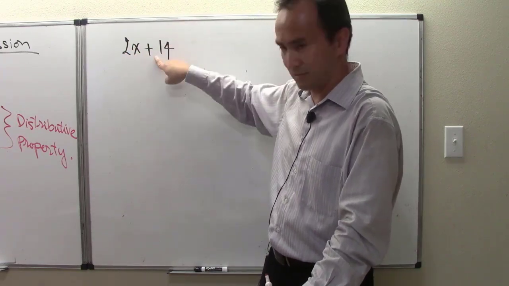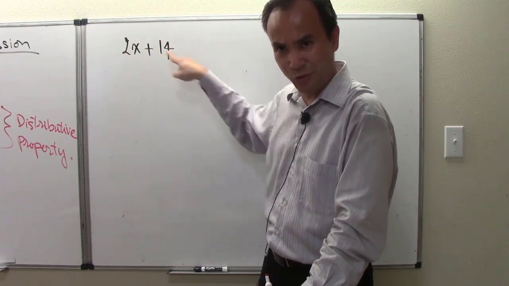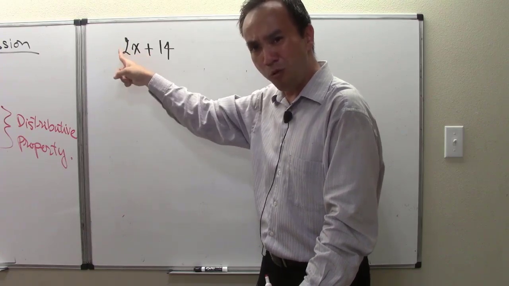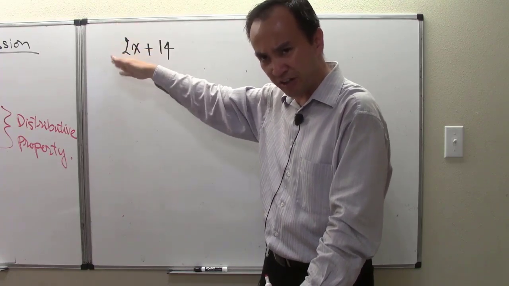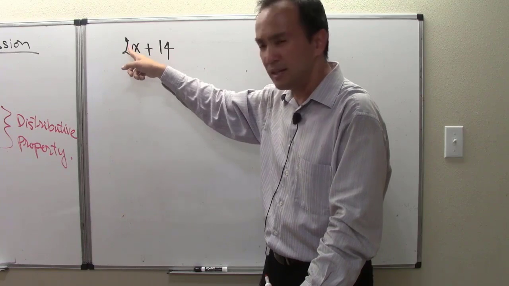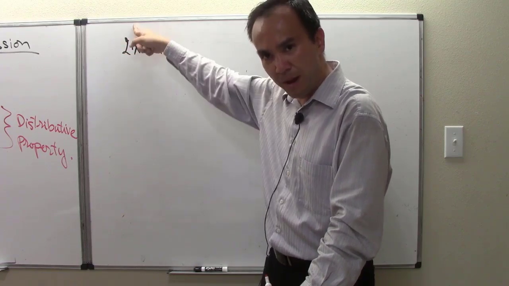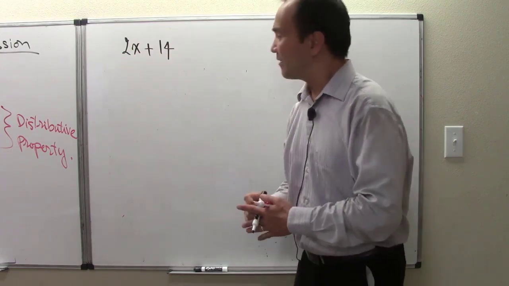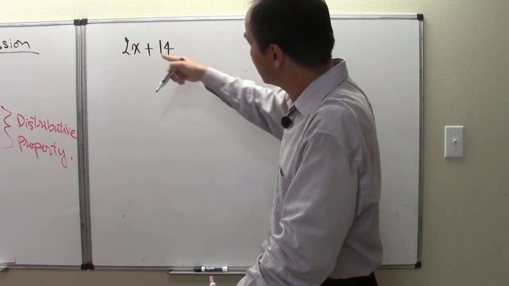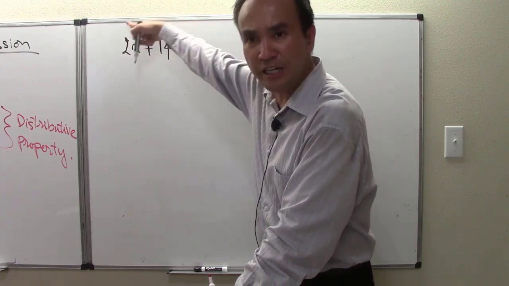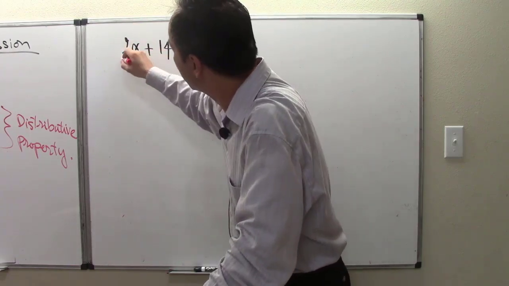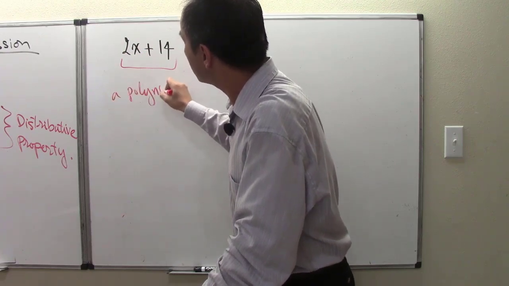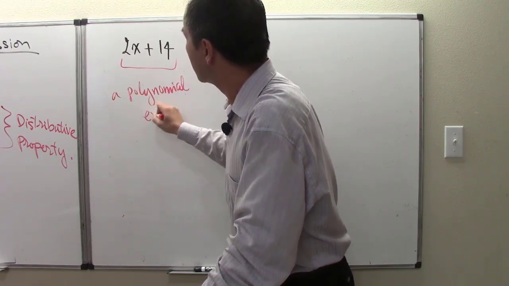That addition sign separates 2 terms, and each term is a product of coefficients and powers of a variable, or a lone number. So it's a polynomial.